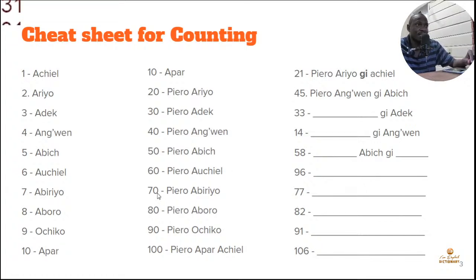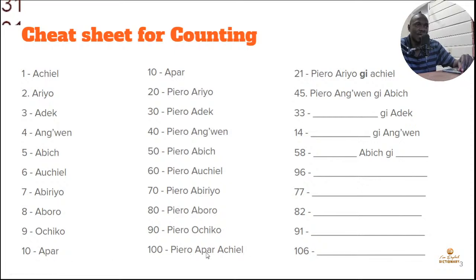And then 70, piero, abiriyo. And then 80, piero, aboro. Then 90, piero, ochiko. Then guess what 100 is? Piero, apar.